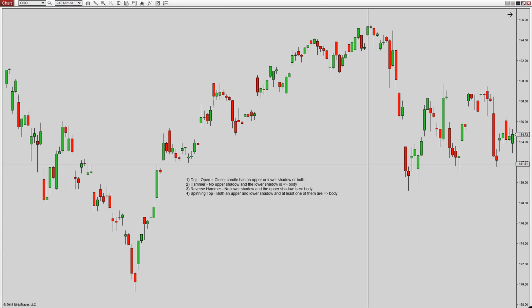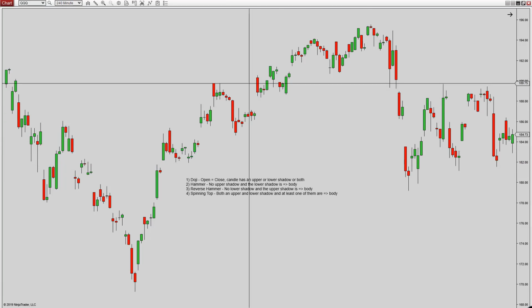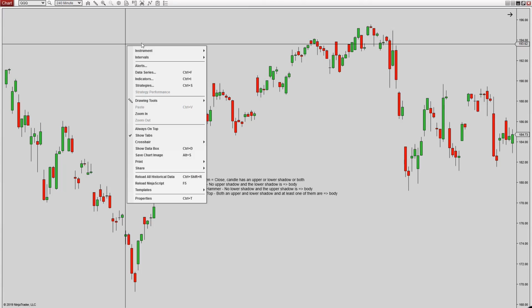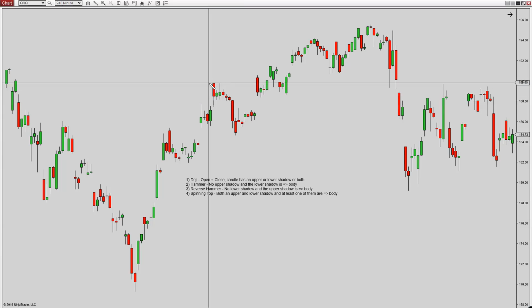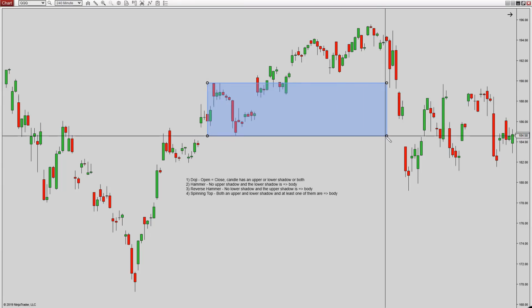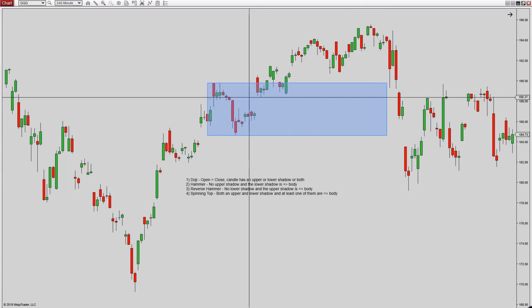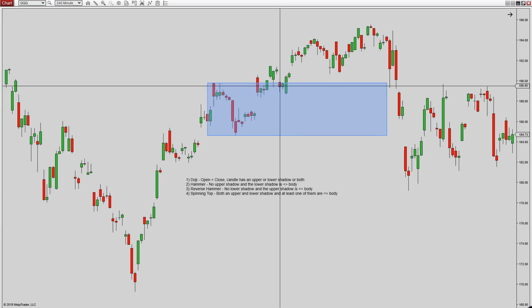All I'm doing, let me find an example, and I'm going to show you exactly what I'm doing. So here's an example. Here is a market structure zone. It confirms as we move higher right here. We move back into the zone.